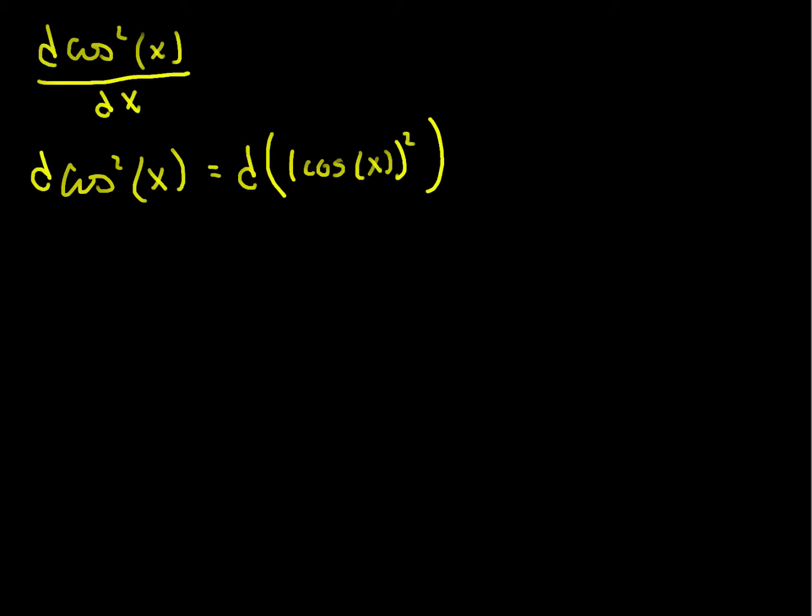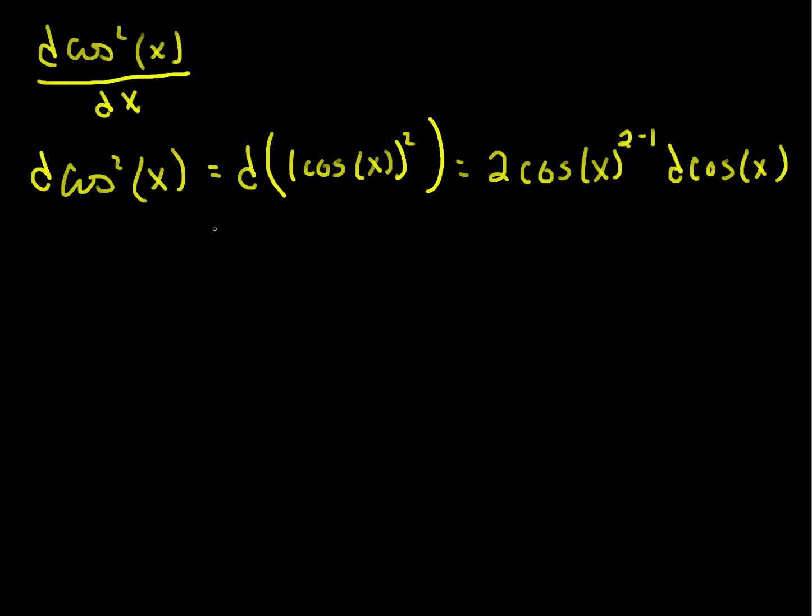So first off, we see that we've got a power rule. So this is equal to 2 times the base, cosine of x, raised to the exponent 2 minus 1, times the differential of cosine of x.